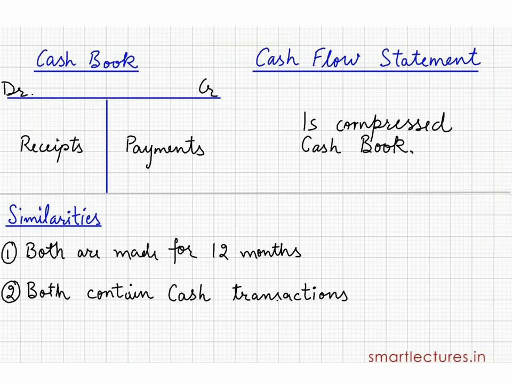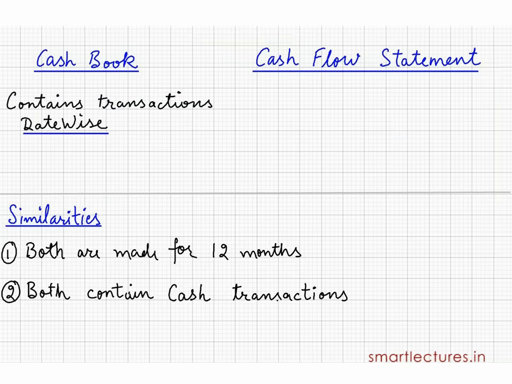Actually, the difference between cash book and cash flow statement is that cash book contains all the transactions date-wise, each and every transaction. But in cash flow statement, all these transactions, I mean to say cash transactions, whether they are receipts or payments, are grouped in different activities.